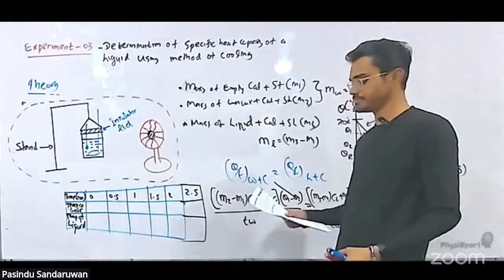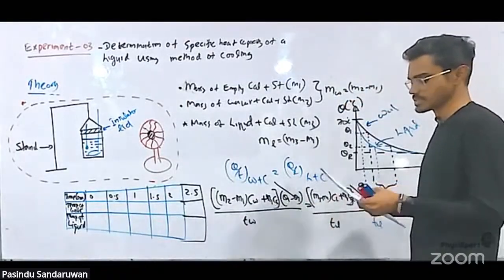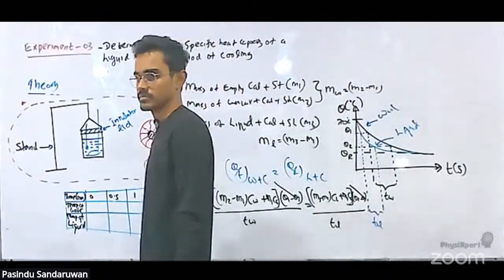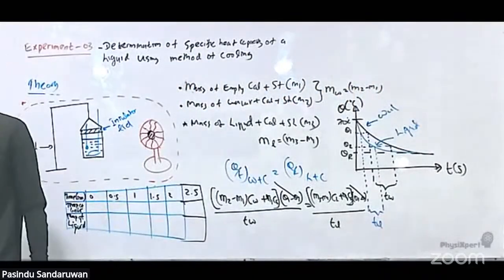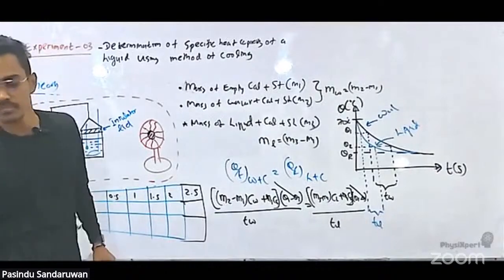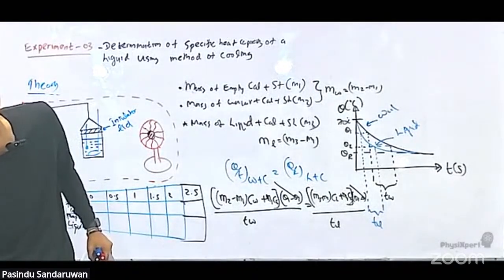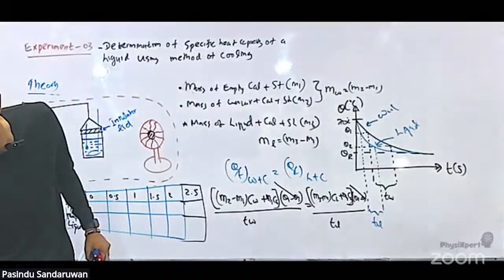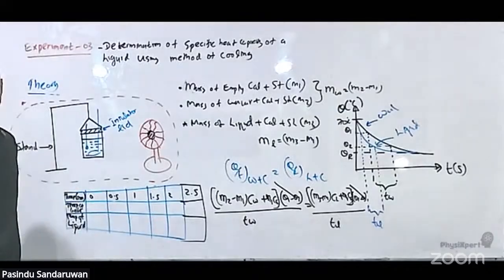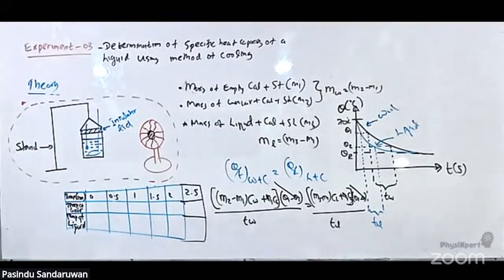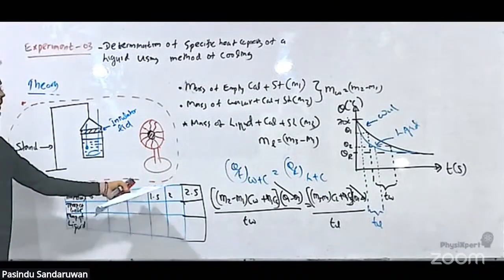Right, take down the table: 0.5, 1, 1.5, 2, 2.5.